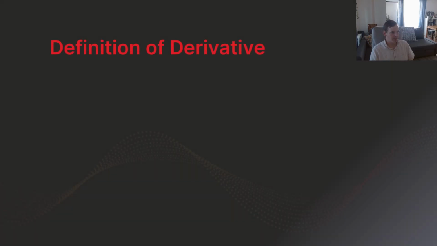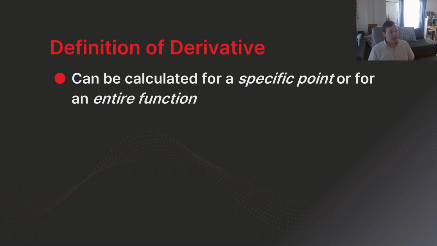But now you've got the notation. A derivative can be calculated for a specific point or for an entire function. So I can find the derivative at a point by saying the derivative of f of x at a is.